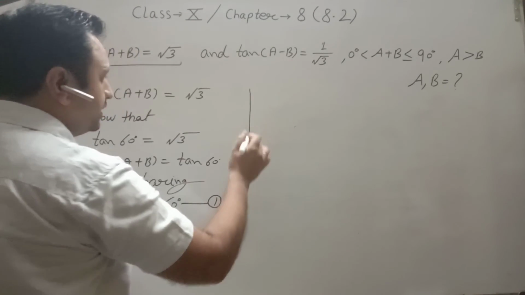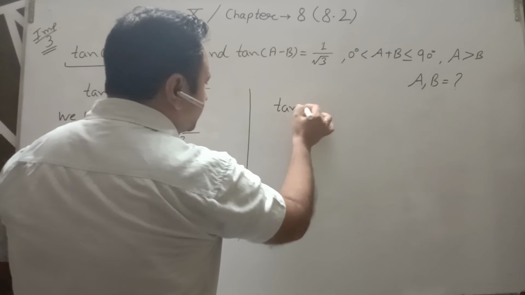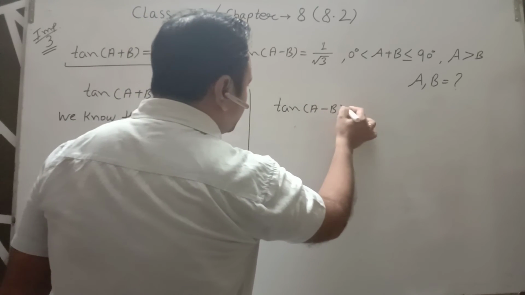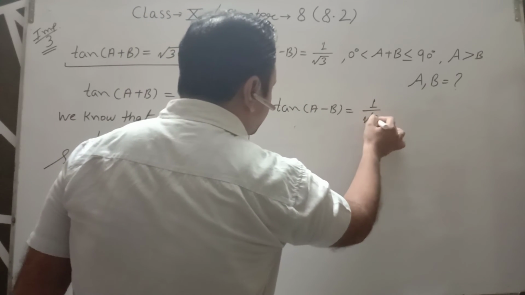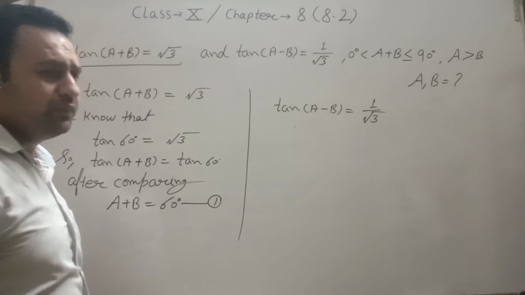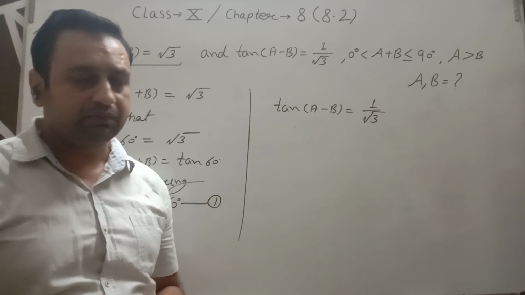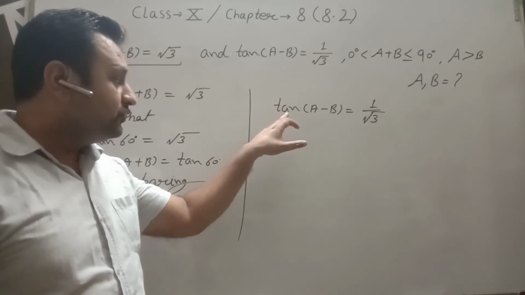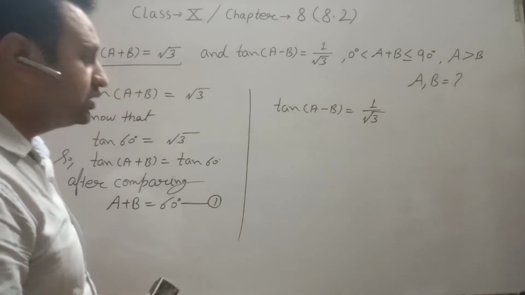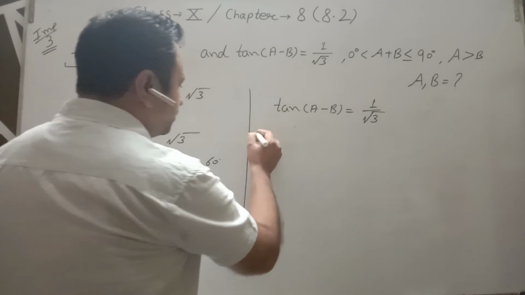Now we discuss tan (a minus b). Tan (a minus b) is equal to 1 upon under root 3. Similarly, 1 upon under root 3 is the value of tan 30 degree and cot 60 degree, but in the question we have tan, so we note down tan 30 degree equal to 1 upon under root 3.